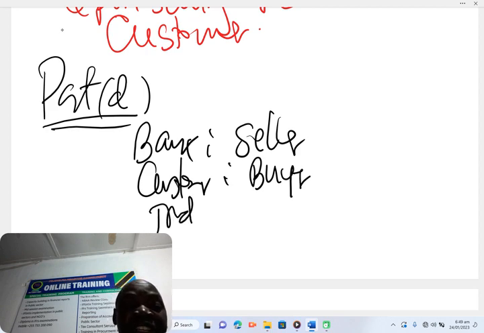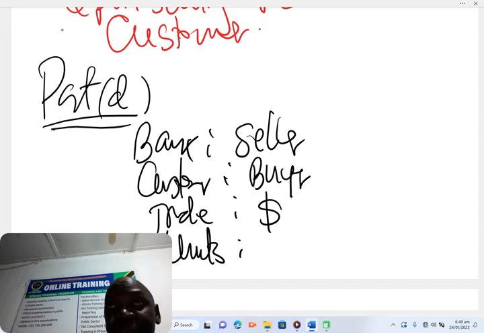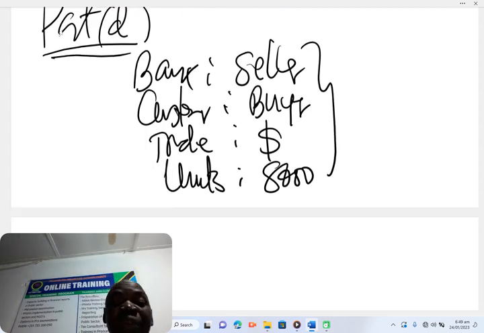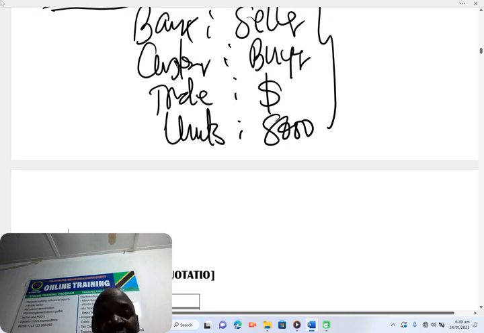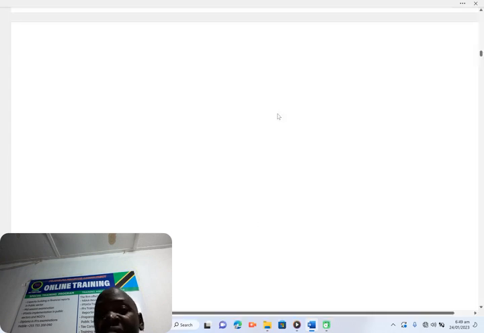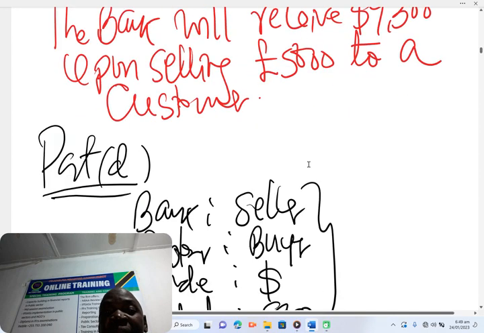Trading currency is made on dollar. You see, units. How many units? So, first of all, which quotation? You use the second one, isn't it? Use the second where this dollar has been quoted directly to the other currency. So, the second one is selected.